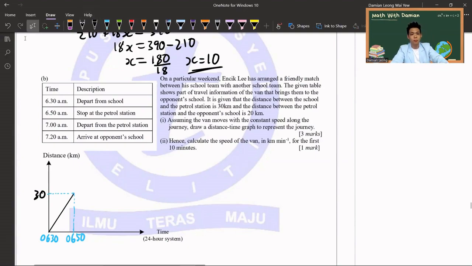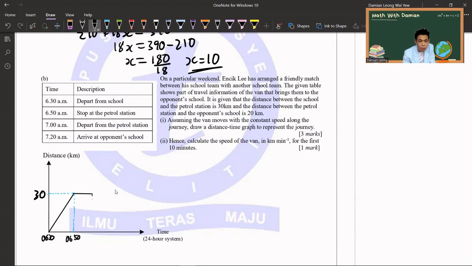Then, for 10 minutes, you will stay at the petrol station. Okay, so that's a horizontal line. No distance change because it didn't go anywhere. It's just stationary at the petrol station.